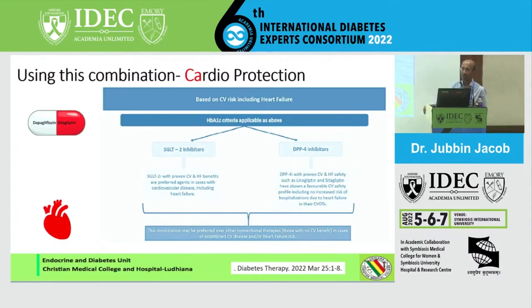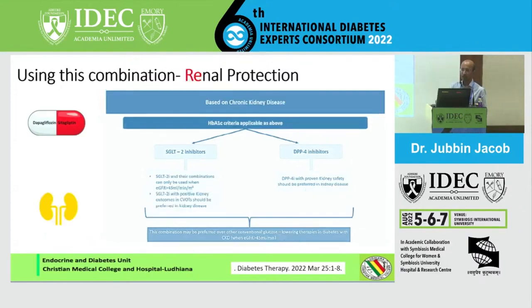So I think this combination will work, and we know sitagliptin: with some gliptins we have worries about heart failure. With saxagliptin we have these worries, but with linagliptin and sitagliptin we do not have that worry. So this combination is extremely well suited in patients with CV risk, especially if they have heart failure.